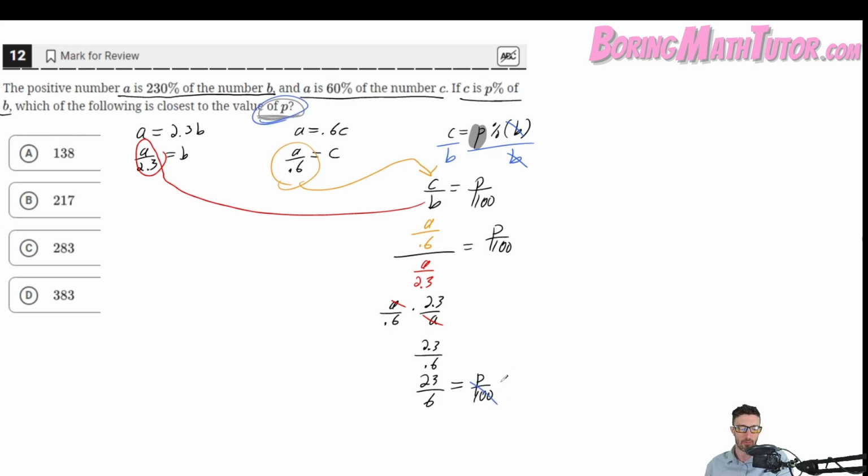So that means I need to get rid of the 100 by multiplying both sides by 100. And now I get basically 100 times that fraction. That's a good approximation. So we should be getting this answer. So it's a little less than 400, and that makes sense.